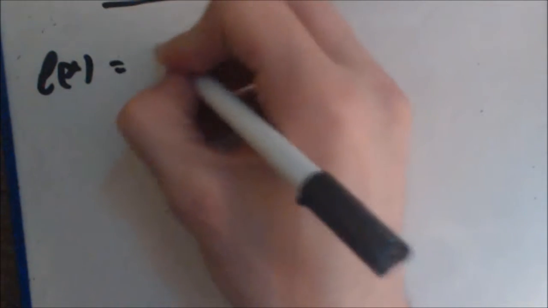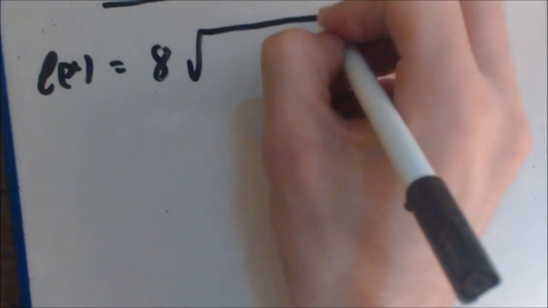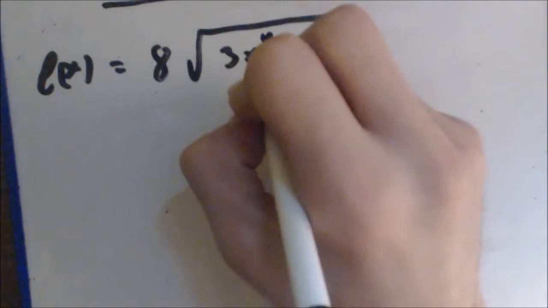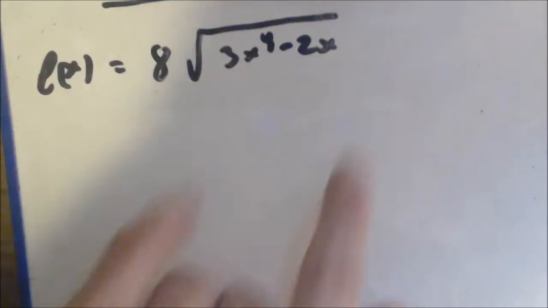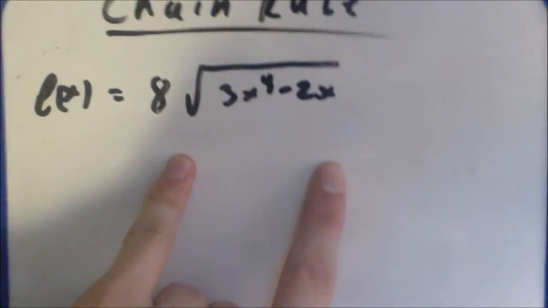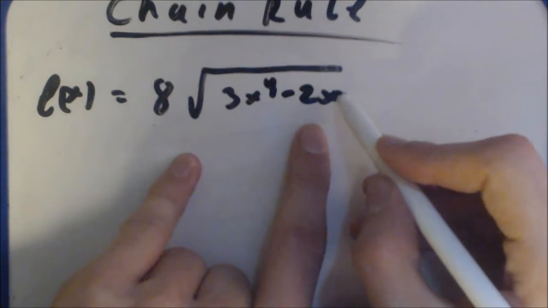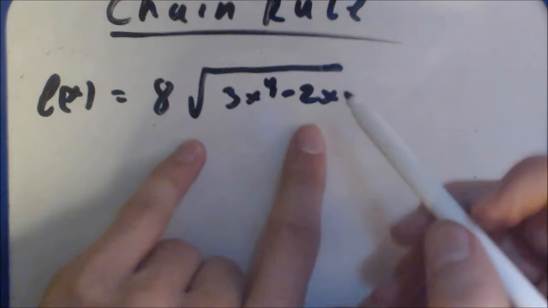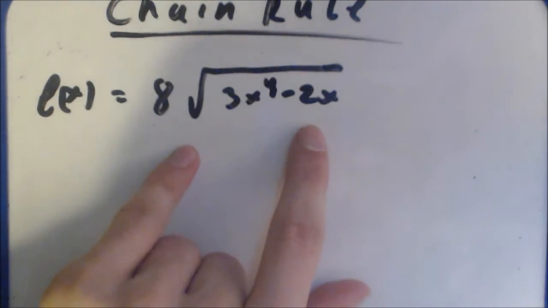I'm going to find the derivative of 8 times the square root of 3x to the fourth minus 2x. Remember, we can rewrite anything with a radical. This might be a trick question if you get it on a quiz or something. You'll be like, oh, I don't know what to do because of the radical sign, but don't panic.